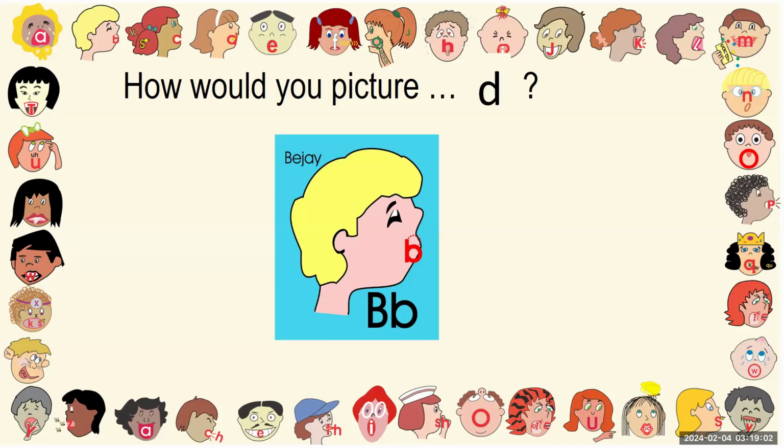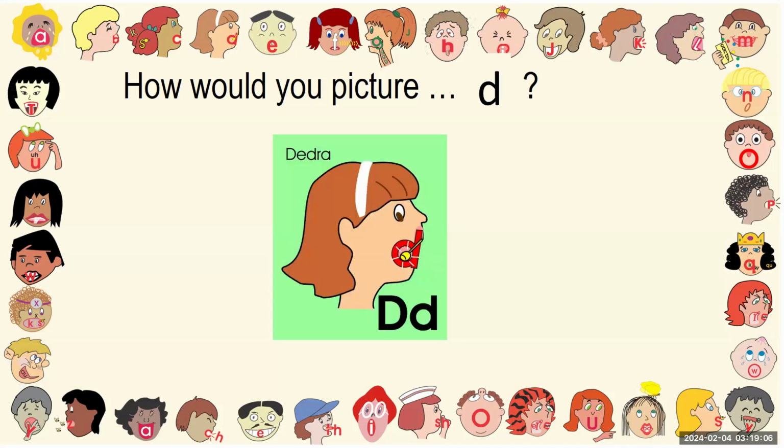What about letter D? Letter D is a noisy sound. So it's like a drum sound, duh, duh. The line on the D represents the drumstick, and the circle on the D is inside the mouth. And so it is basically the drum that's being drummed, da, da, da.